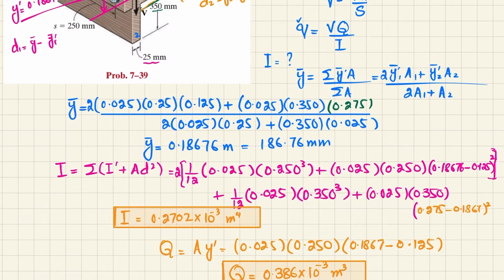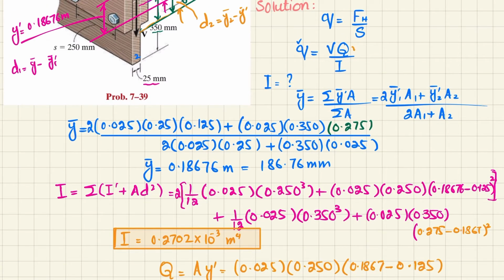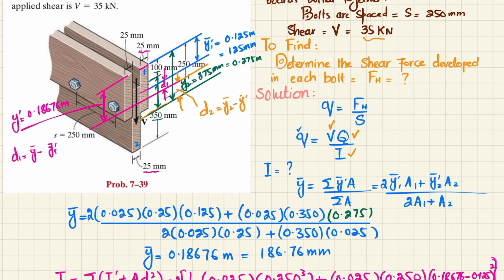Now if you look at, so here we have V, we have Q, and we have I. So this is V, this is Q, and this is I. So all the values are given. V is actually 35 kilonewton.